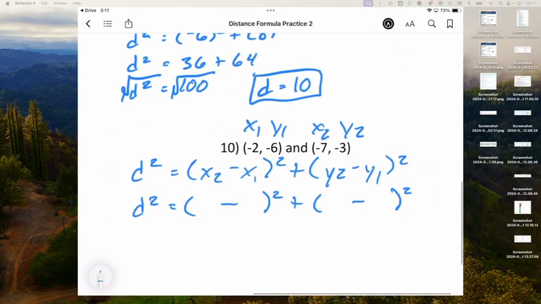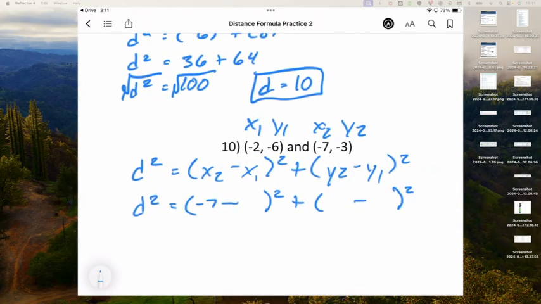Okay, over here, x2 minus x1, y2 minus y1. Those both become a plus. D to the power of 2 is equal to negative 5 squared plus 3 squared.